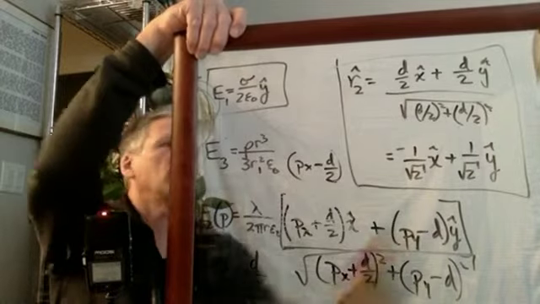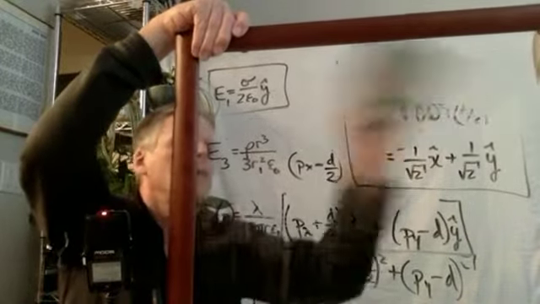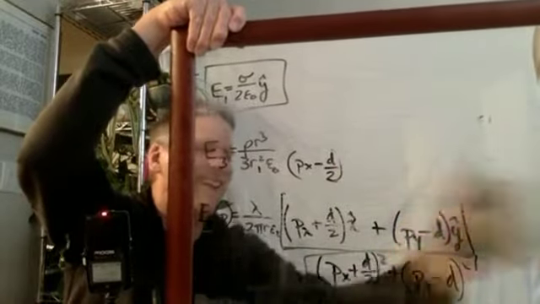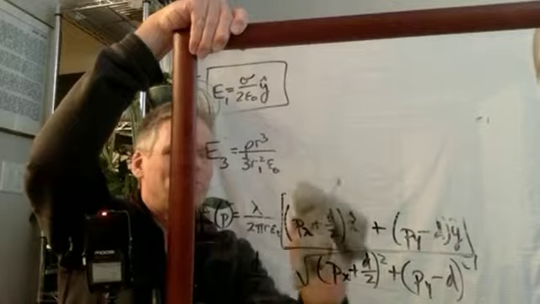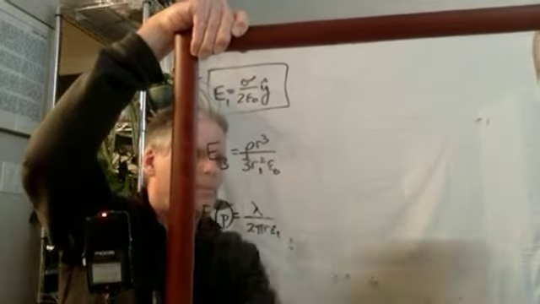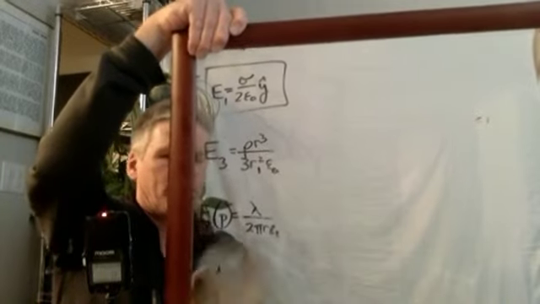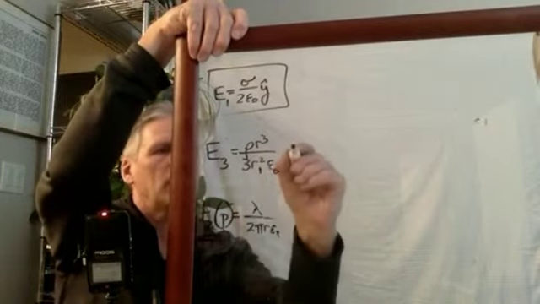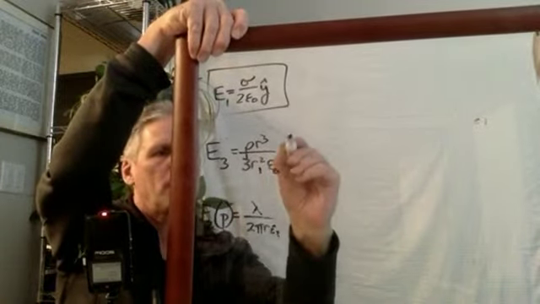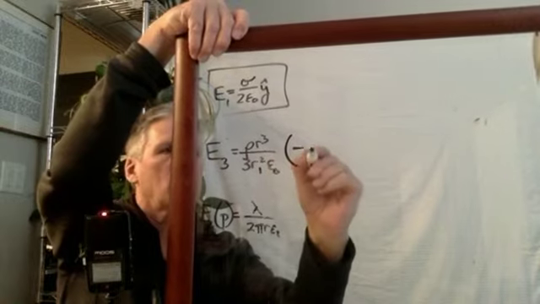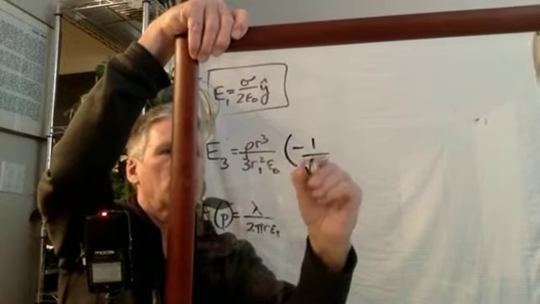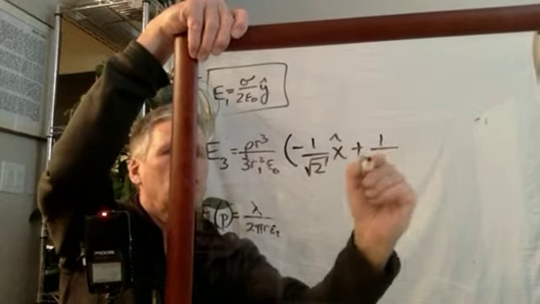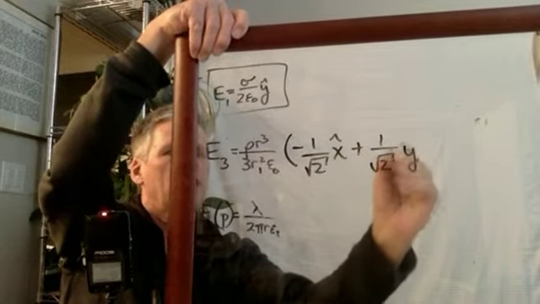So we can now write the expression for the entire electric field. So I hope now that I've just erased the information I need. Let's see what we got. Okay. All right, so this E3 was minus 1 over square root of 2 x hat plus 1 over square root of 2 y hat.